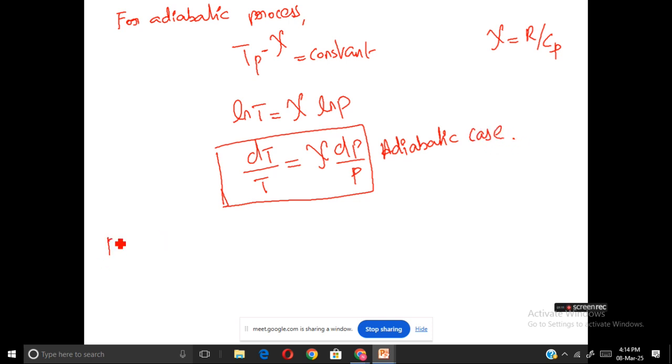Now for the pseudo adiabatic process, we know that once it is saturated, if it goes beyond saturation, water vapor will condense. It will no longer be adiabatic, it will be pseudo adiabatic.